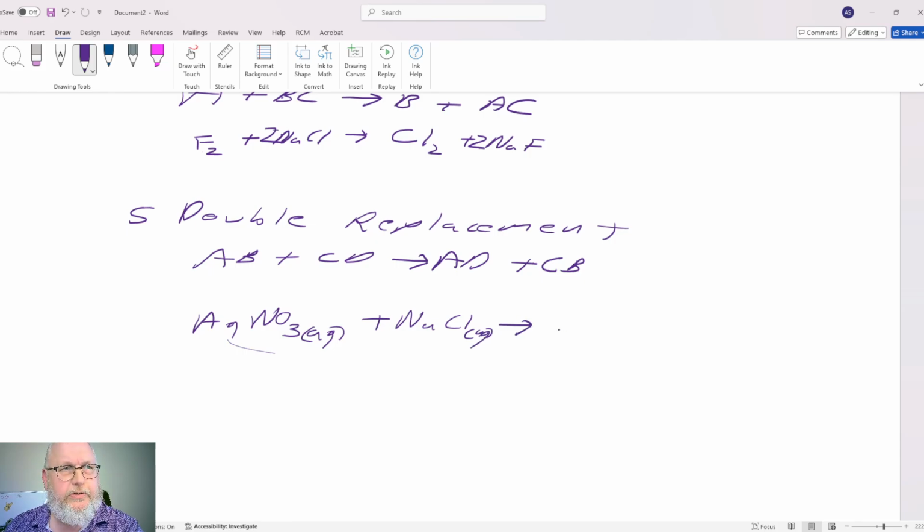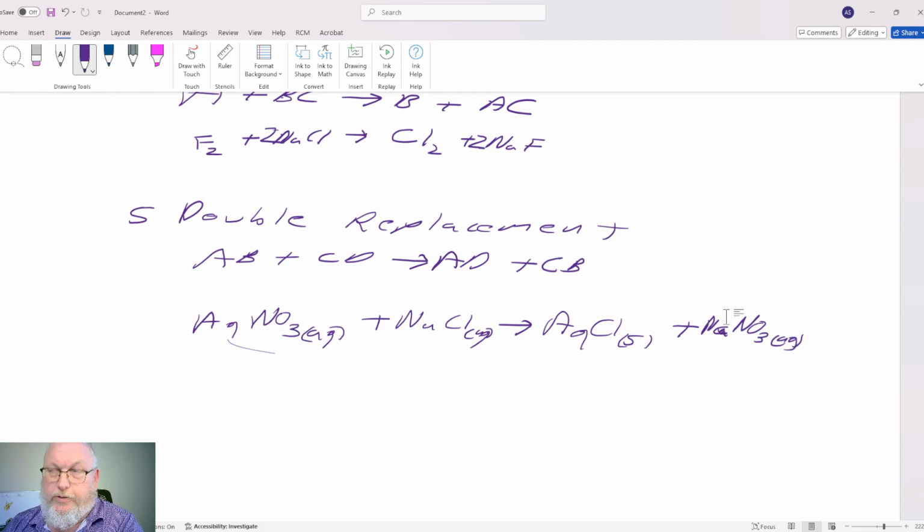So it's going to yield silver chloride, AgCl, and that's a solid. It's going to precipitate out of solution, and sodium nitrate, NaNO3, and it's going to be soluble because, again, it's following the SNAP rules.